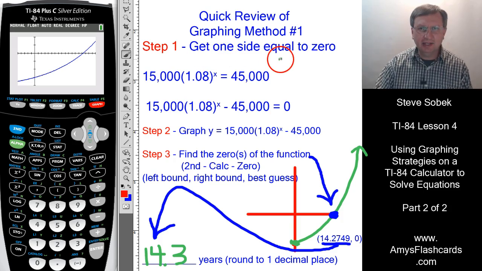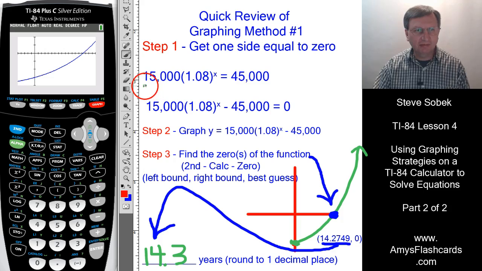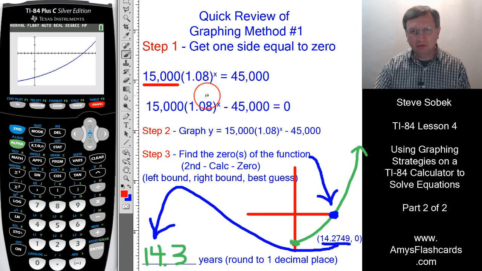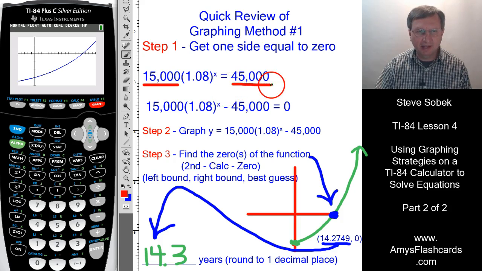Recall that back in the last video we were looking at an investment problem. We invested $15,000. We were assuming that the money was growing at a rate of 8% per year, and we wondered how many years it would take for our investment to triple in value. Well, 3 times 15,000 is 45,000.